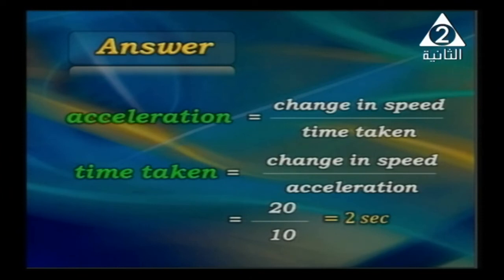Why? Because the change of speed here is divided by the acceleration. The acceleration of the cheetah equals 10 meters per second squared. And the change of speed is 20, which means the speed of the cheetah. So here it is 2 seconds to catch the gazelle, to hunt it.